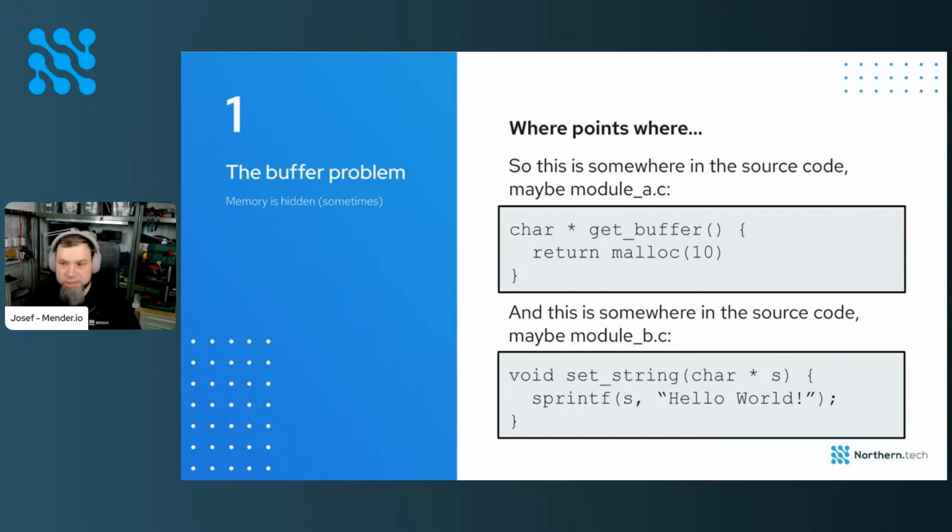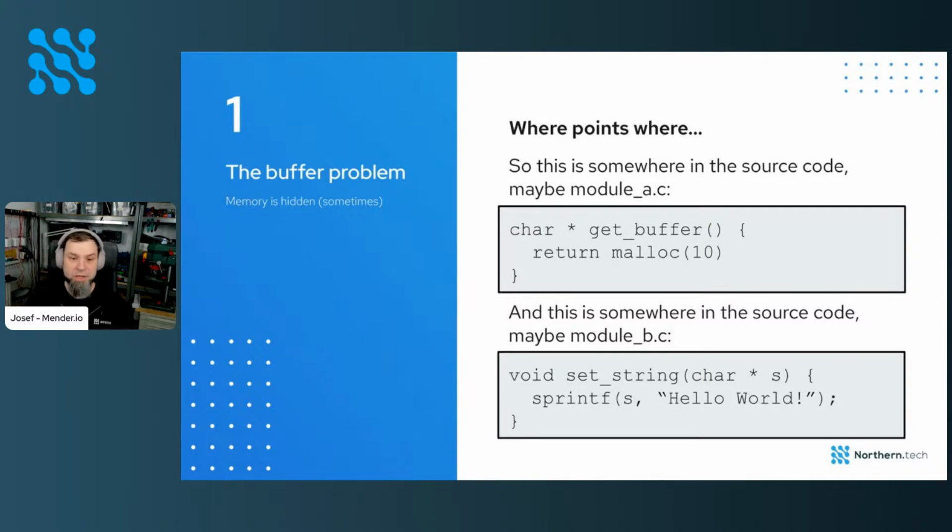You do something with it. You move it around through the application. At some completely other point, you say, hey, I'm going to do something with this buffer. I'm emulating this here by a malloc in one function and a sprintf, which would write to this very same buffer at a completely other point in time.